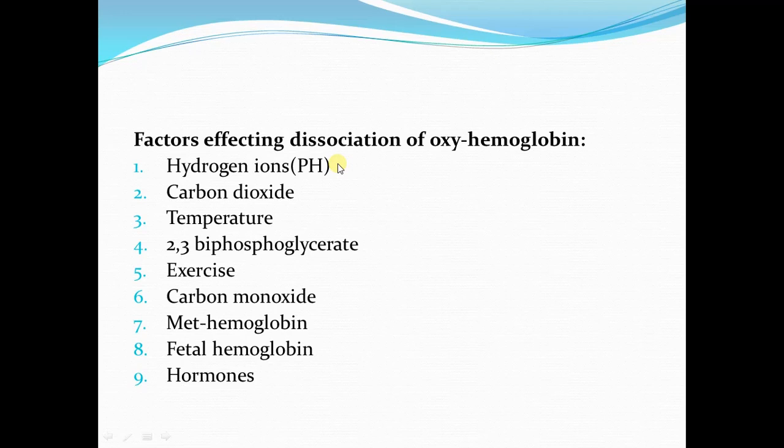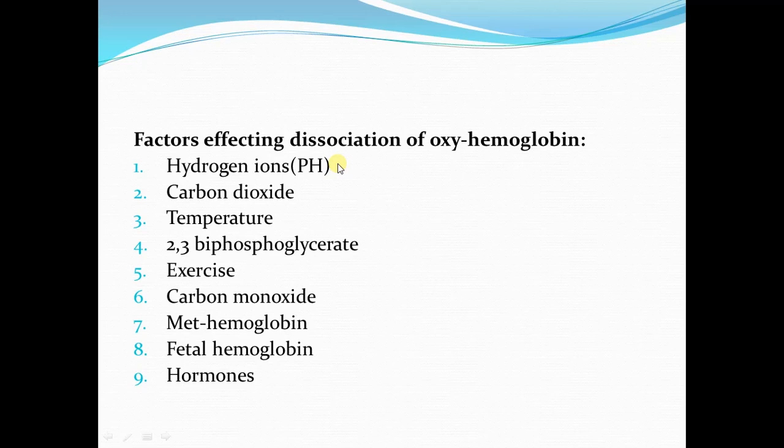Now what does a right or leftward shift of the curve mean? A rightward shift of the curve means that at any particular partial pressure of oxygen, more oxygen will be dissociated from hemoglobin. Thus, more oxygen will be delivered to the tissues.